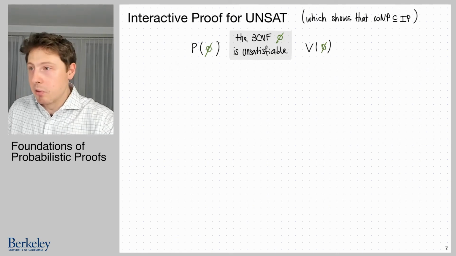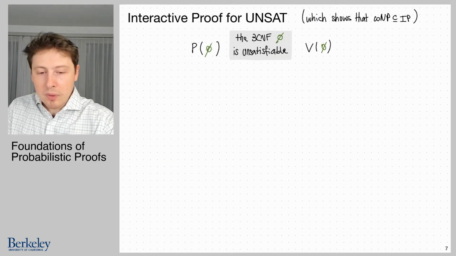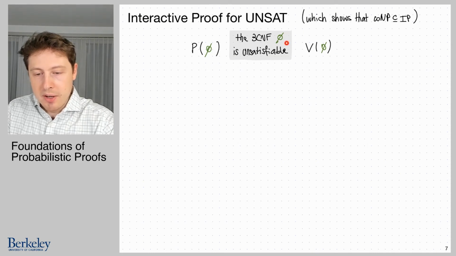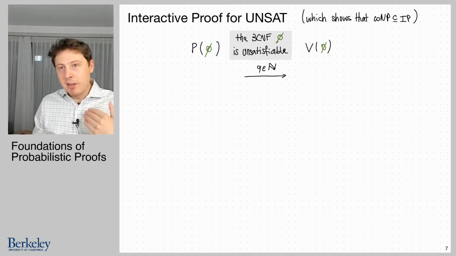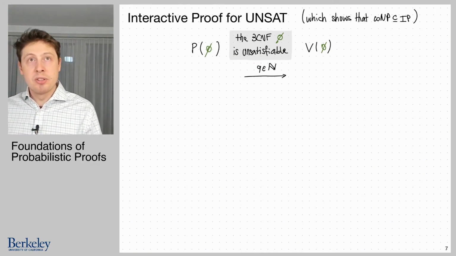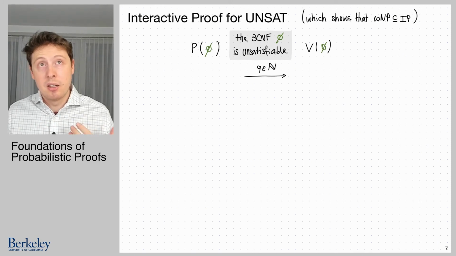Here's how an interactive proof looks. Both the prover and the verifier take as input the 3CNF formula that we want to consider now, and the prover wants to convince the verifier that it is unsatisfiable. Now remember that the arithmetization required us to consider a prime field for a large enough prime.